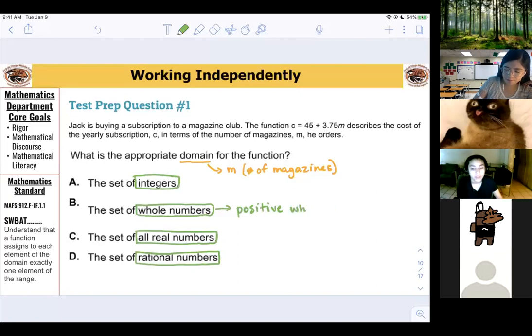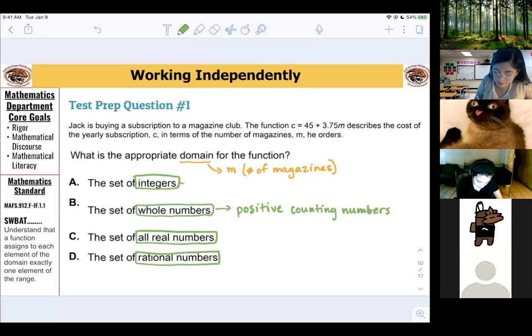Sometimes they also call them, write that, yes, write this down, counting numbers because that's kind of what you do with them, you count. So 1, 2, 3, 4, 5, 6, all of those, but they have to be positive. So whole numbers is the one that everybody kind of knows.